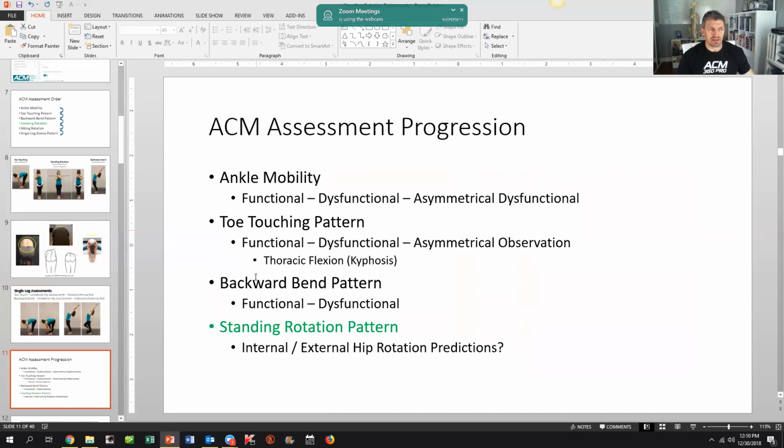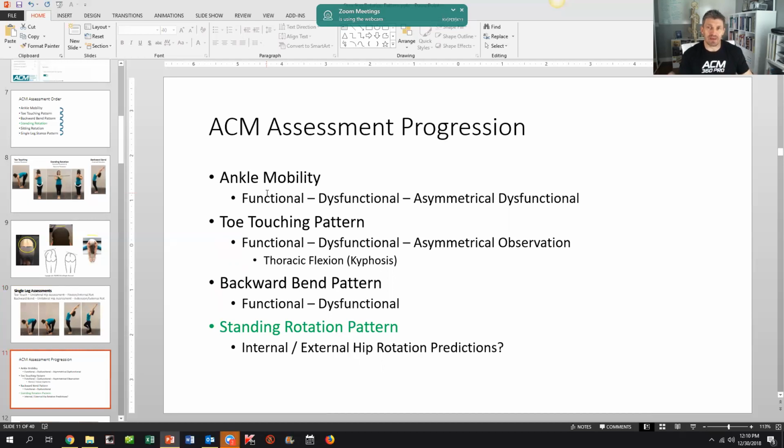Again, the standing rotation pattern is the fourth in the series because we're building on top of the ankle mobility assessment, which we would determine functional, dysfunctional, or asymmetrical. If you're finding an asymmetrical dysfunction in the ankle mobility, you can predict that as we get closer to the asymmetrical assessments like the standing rotation, the sitting rotation, and single leg stance, you're going to start finding those.